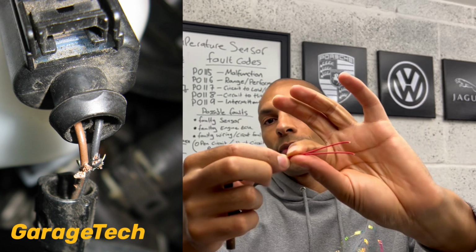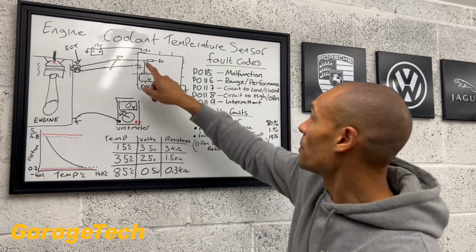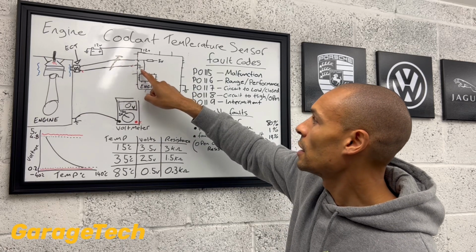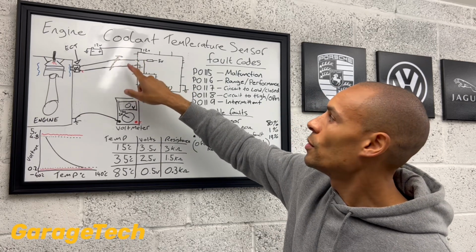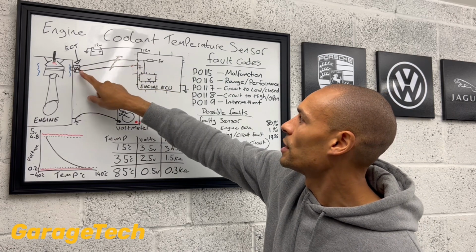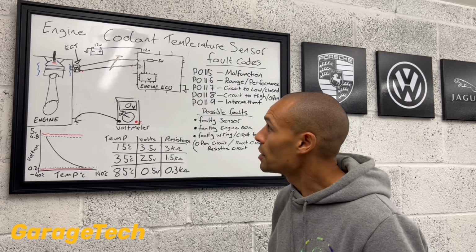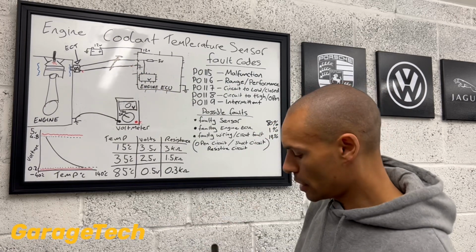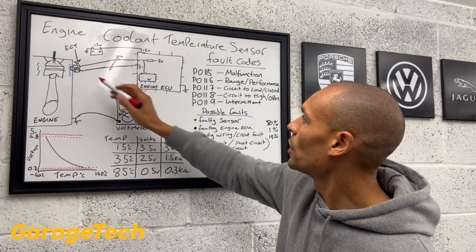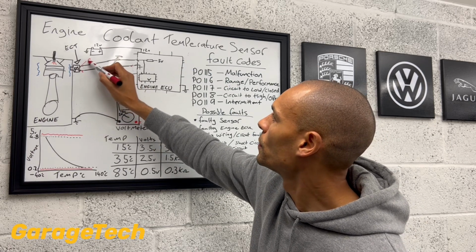Okay, that's going to give you what's known as a short to earth, because that voltage that's coming straight out of the ECU is going to go straight through that short and back to the ECU again. The electricity is going to take the easiest route, and it's going to be easier for it to go down there, through there and back than it is down there through that other resistor and back up again. So with that in mind, if you take your multimeter and do an initial check on the wire up here, you're going to get 0 volts.